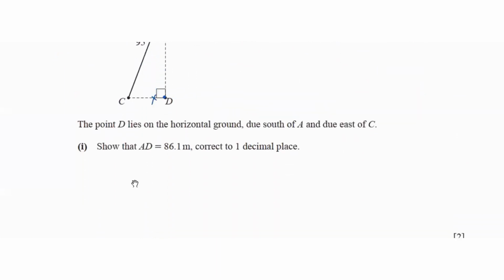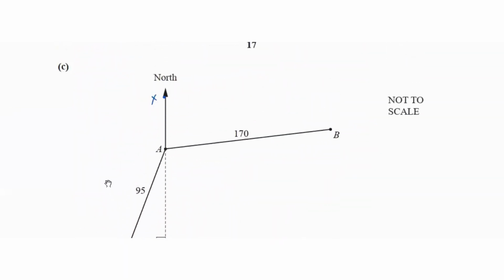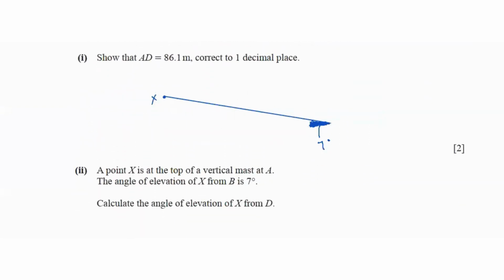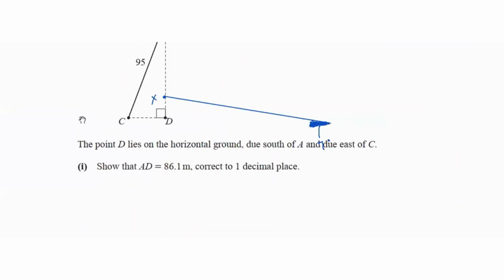And they're saying that the angle of elevation of X from B is 7. So that means this angle is 7 degrees. And then they're saying calculate the angle of elevation of X from D.